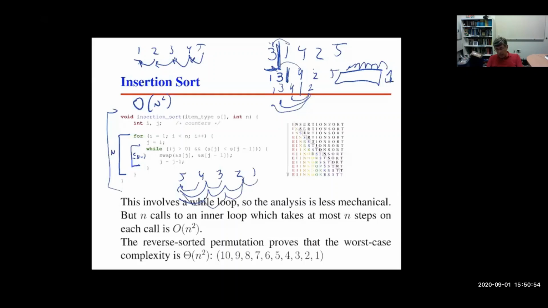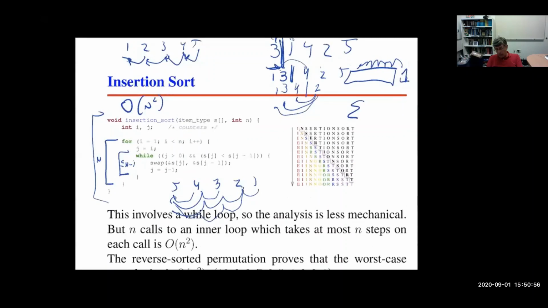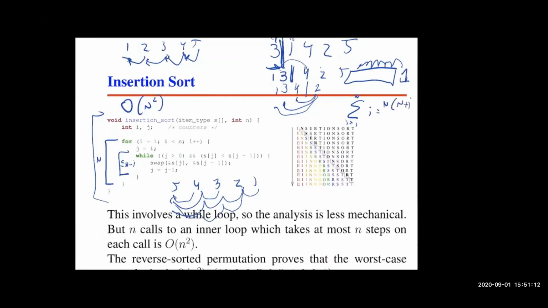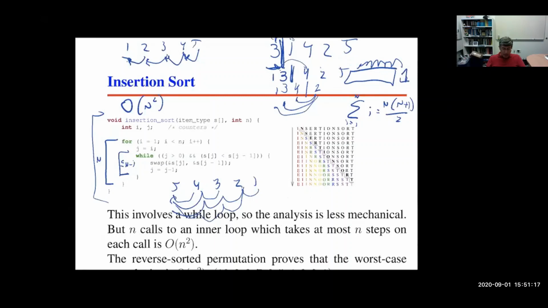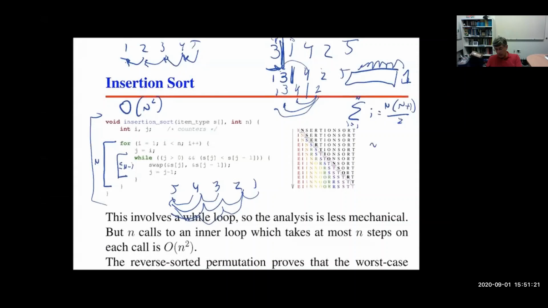Does anyone remember what is the sum as i equals 1 to n of i? That's the sum of 1 plus 2 plus 3 plus 4. I think I just did that one, right? What does that work out to? That is something like n times n plus 1 over 2. Okay? And that means that if I give you a reverse sorted input, this is going to take something like a half times n squared comparisons.